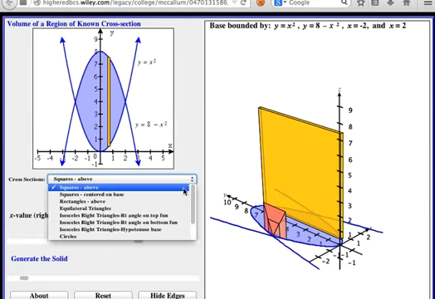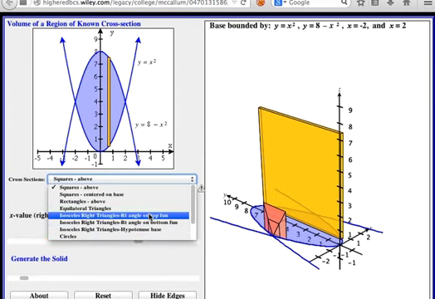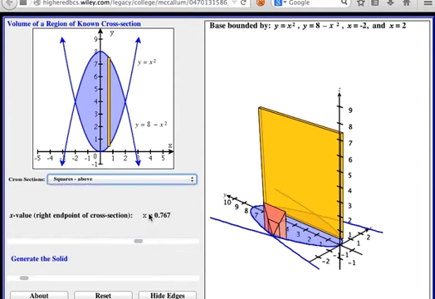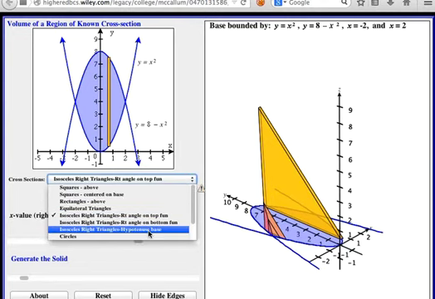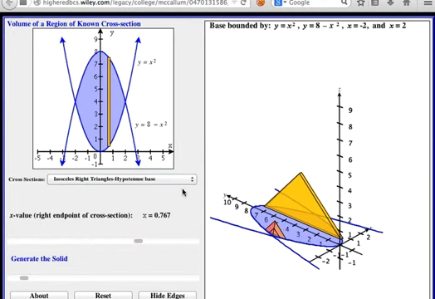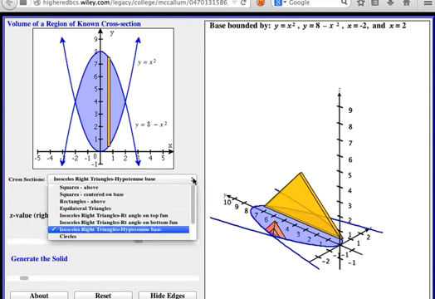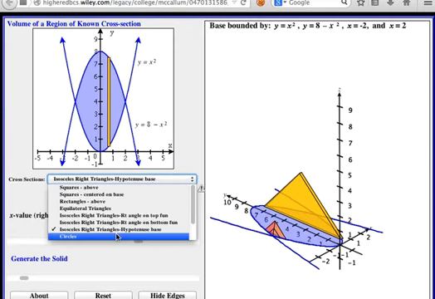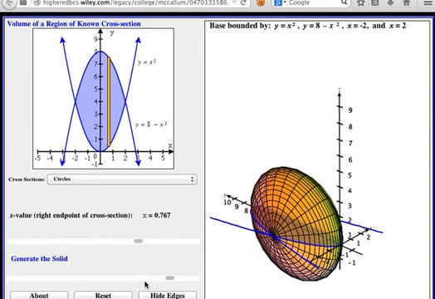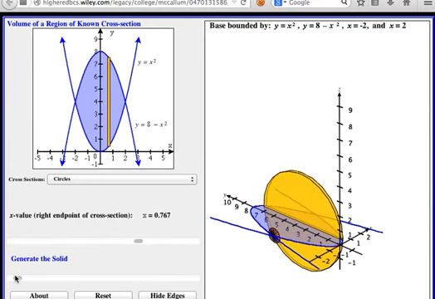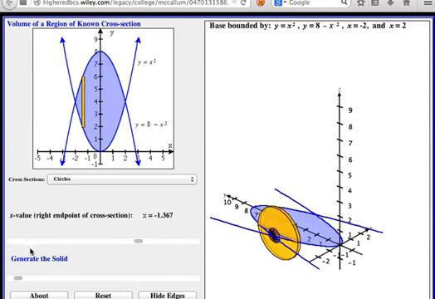Or we need one that is an isosceles right triangle with a hypotenuse down, or do they have semicircles? Usually it's not circles, usually it's semicircles, but I guess you can do circles. And that, of course, winds up as sort of a spheroid with points on the end. And we see the fact that it runs through like that.